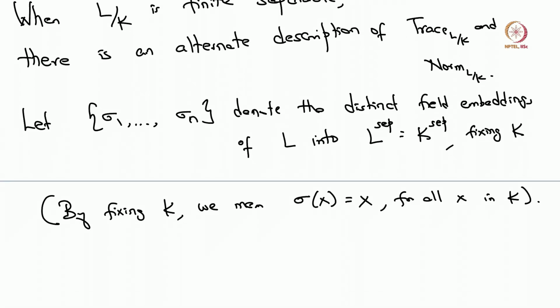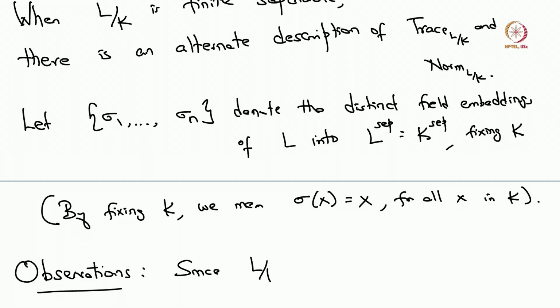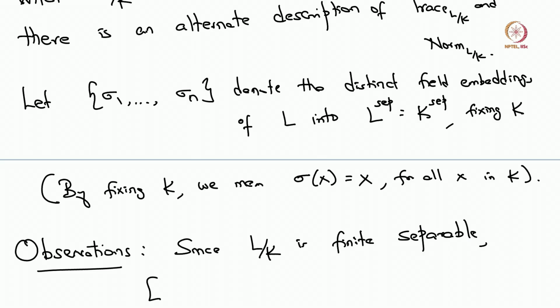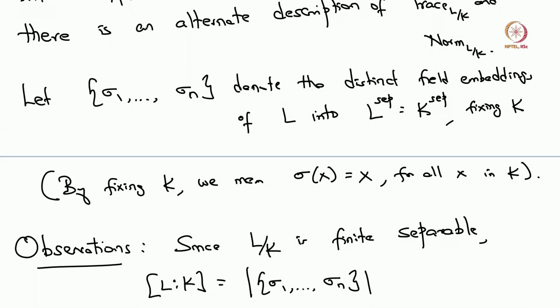Okay, and just some observations. Since L over K is finite separable, the degree of the field extension is in fact equal to the cardinality of the distinct field embeddings of L into its separable closure that fix K. So the sigma 1 up to sigma n, that's what I call n.